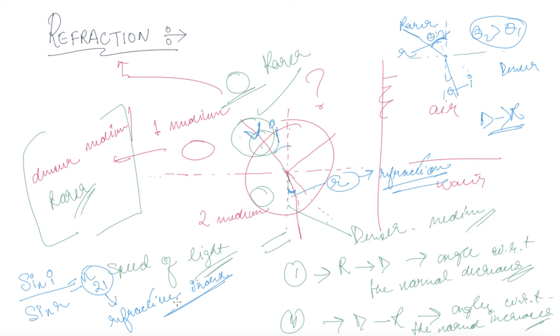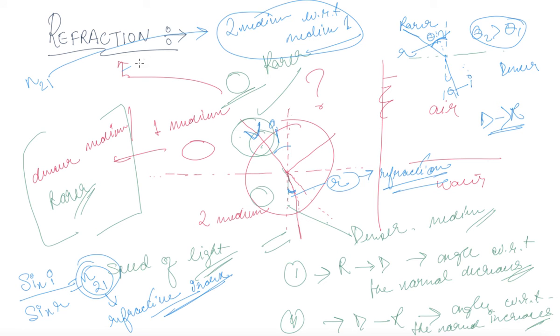Now we will be coming more into refractive index, but for now what you have to understand is that when I write n2 of 1, I am talking about the refractive index of medium 2 with respect to medium 1. So this is what we can understand from refraction, and this is the law of refraction: sin i by sin r is equal to the refractive index of medium 2 with respect to medium 1.